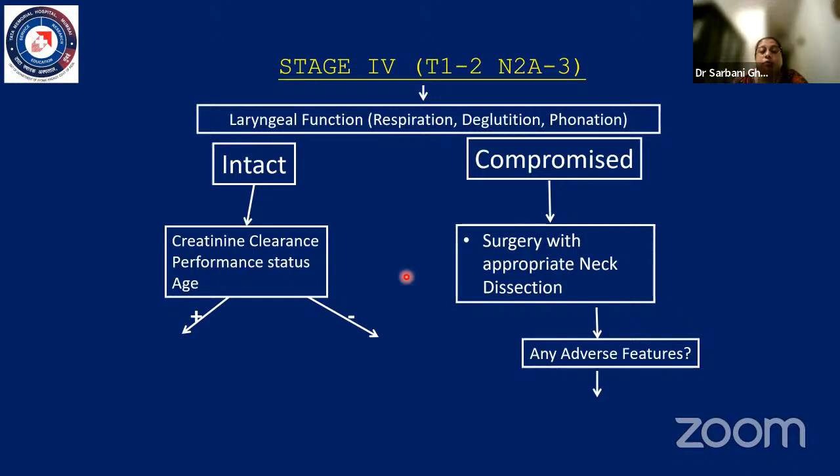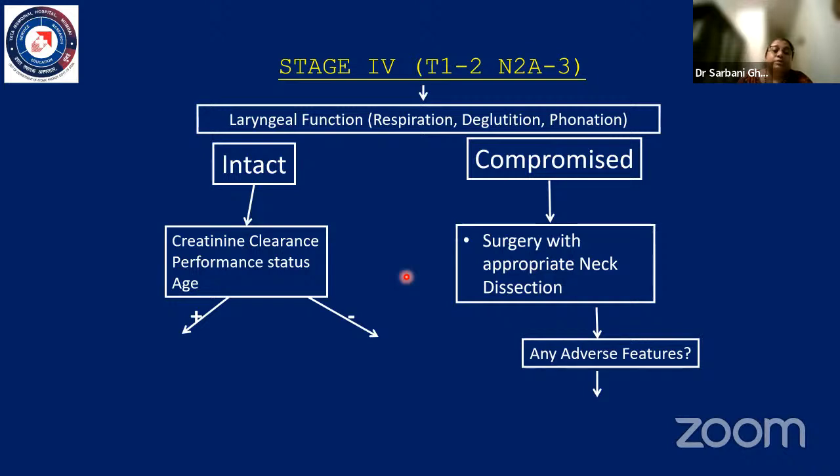Again, here it is important to assess the functionality of the larynx, but this functionality is essentially if you have cartilage involvement or functionality is compromised, then in these patients you are definitely going to take the patient up for surgery.